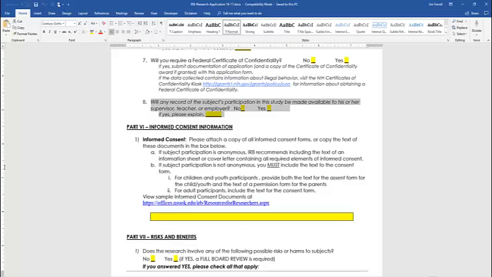If a child, somebody under 18 years old, usually 6 to 18, or maybe even 6 to 15, depending on the study, we would ask a parent to give consent that their child participate, and if the child is able to understand what they're doing, then we would ask for a minor assent form, A-S-S-E-N-T, an assent form.